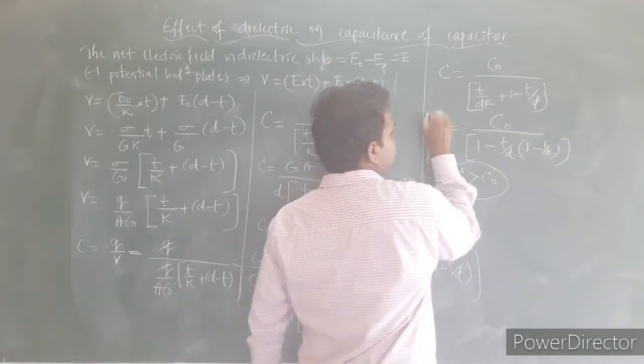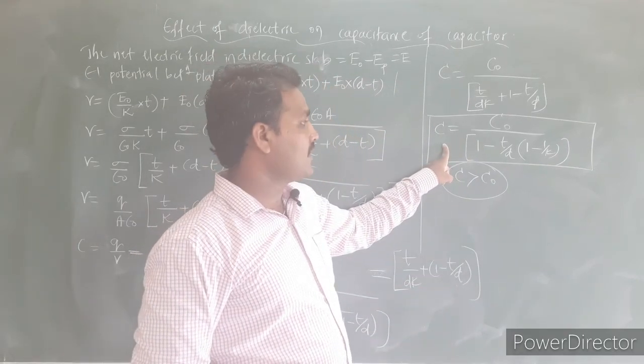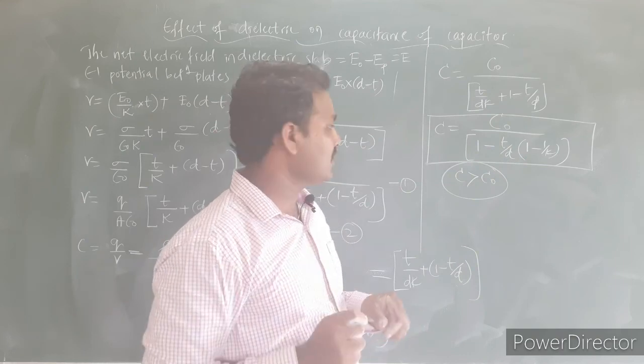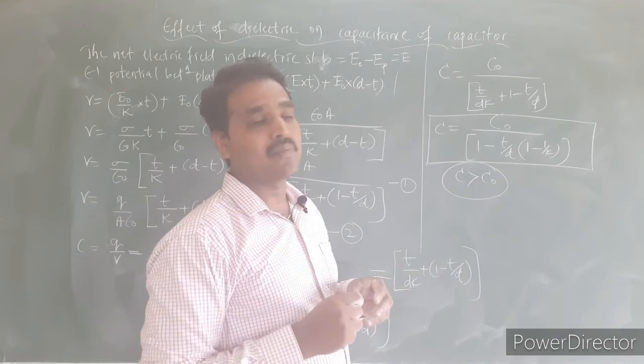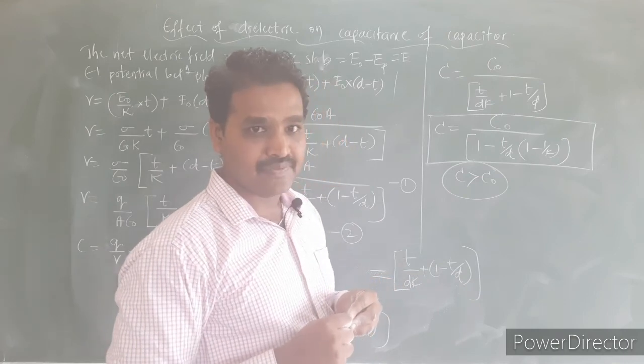So this is the expression for the capacitance of the capacitor when a dielectric slab is placed in between the plates of the capacitor. Hence, by using the dielectric slab, we can increase the capacitance of that capacitor.